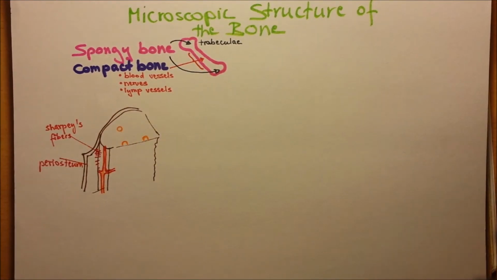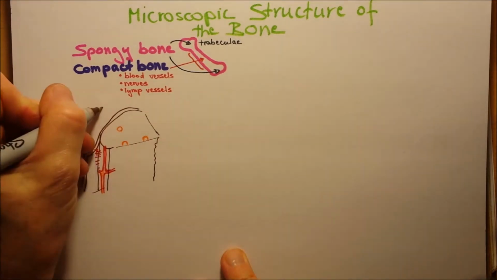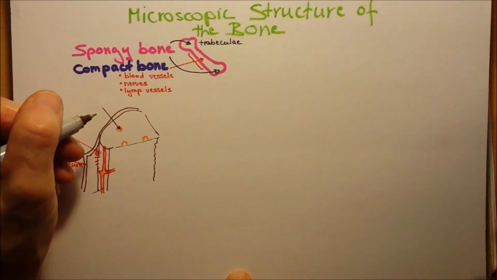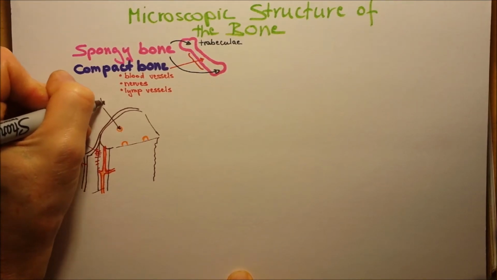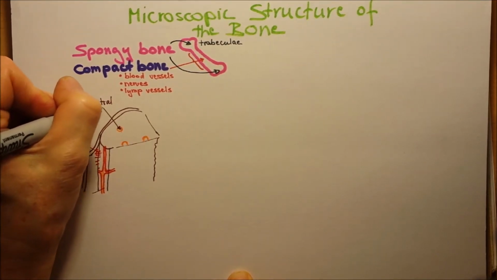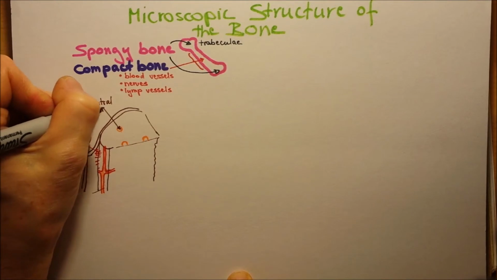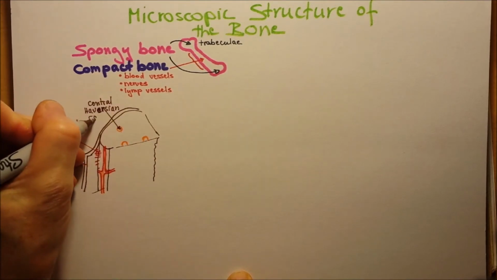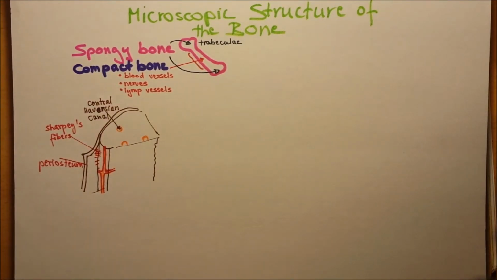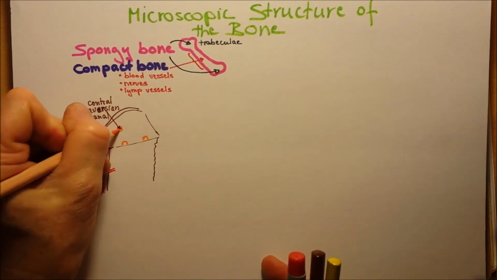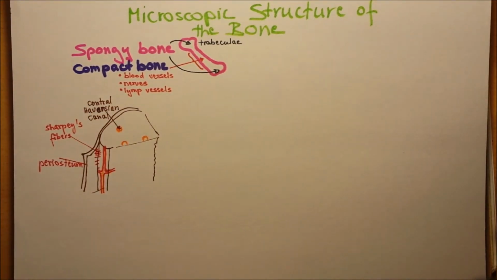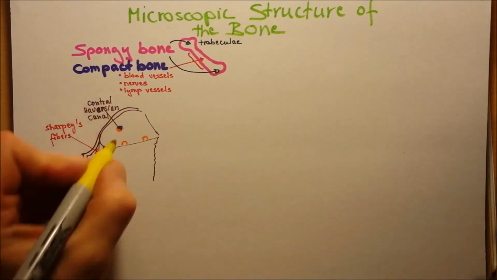These small circles are called the central Haversian canals. Haversian is capitalized because it's named after an anatomist. The central Haversian canal contains arteries, veins in blue, and nerves in yellow.